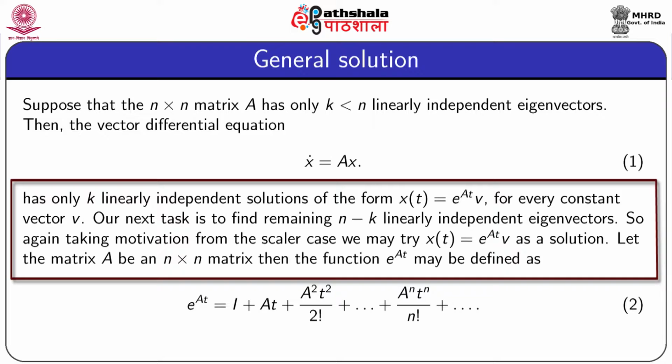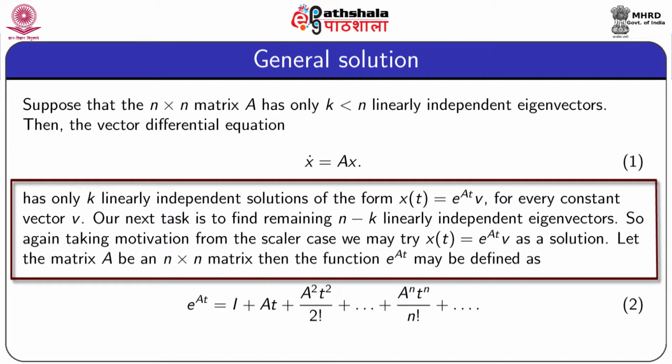Now, our task is to find the remaining n minus k linearly independent solutions. So, taking motivation from the scalar case, we may try x(t) equal to e to the power at into v as our solution.